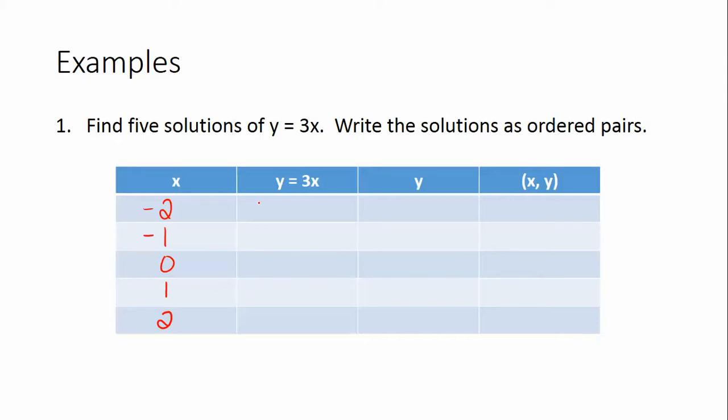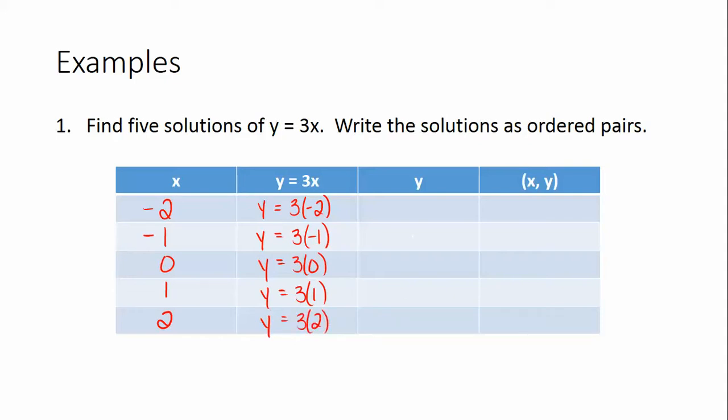So first we plug in -2 for the x in the equation. So y is going to equal 3 times -2, then 3 times -1, 3 times 0, 3 times 1, and 3 times 2.